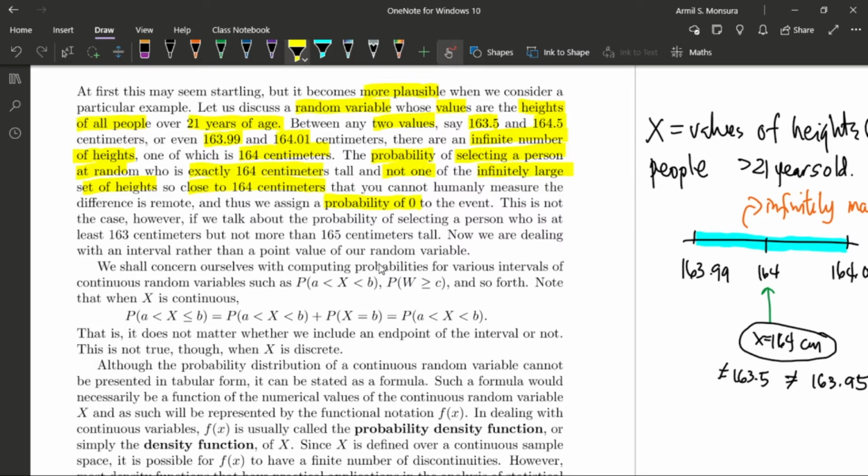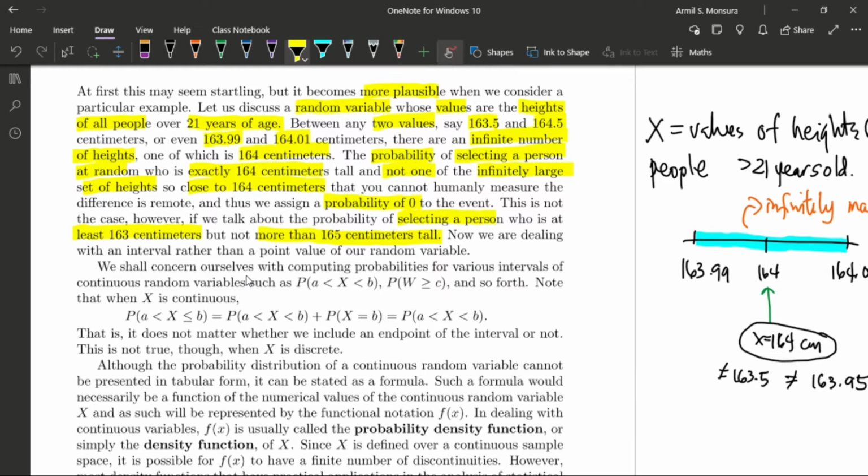Okay? So, if we are talking about, say, selecting a person who is at least 163 centimeters and not more than 165 centimeters tall, okay, so may interval tayo. So pagka ganun, mahanapan natin siya ng probability, kasi marami tayong mailalagay na mga measurements dyan sa range na yan. Okay? But again, pag eksakto, the probability is 0. Okay?